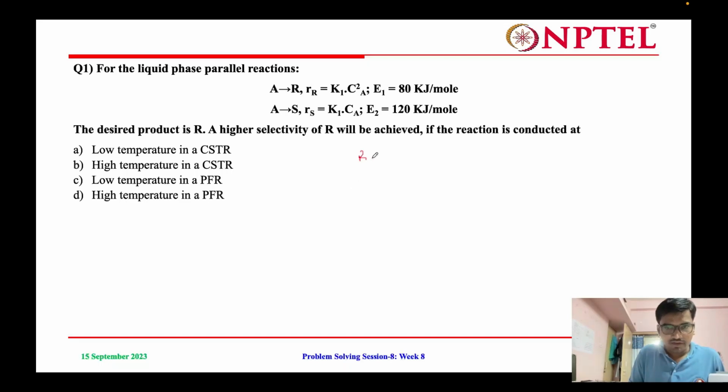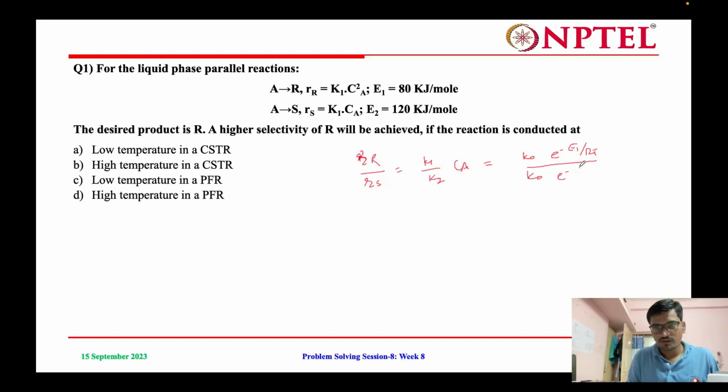So here the rate of R by rate of S is K1 by K2 into C, with K naught e to the power minus E by RT, right?